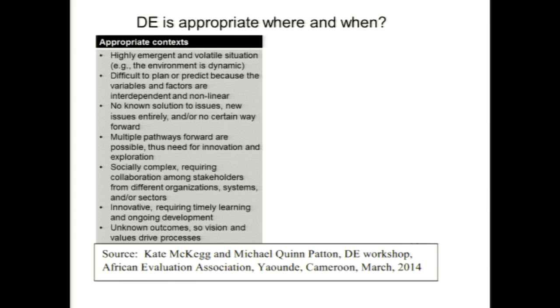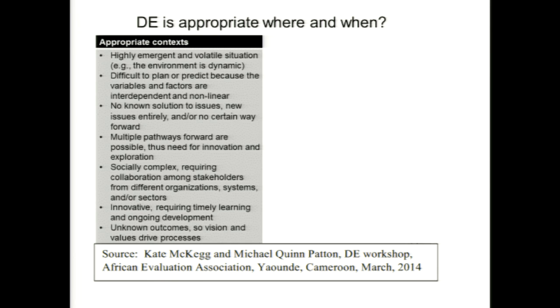Okay, so developmental evaluation is appropriate when the processes are highly emergent and volatile, the environment is dynamic, and it's difficult to plan or predict because the process is non-linear. There are often no known solutions to the issues, in part because they're complicated. Multiple pathways forward are possible, so you want to use evaluation to decide which pathway to use to go forward.